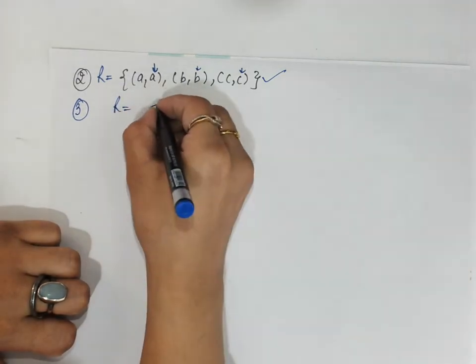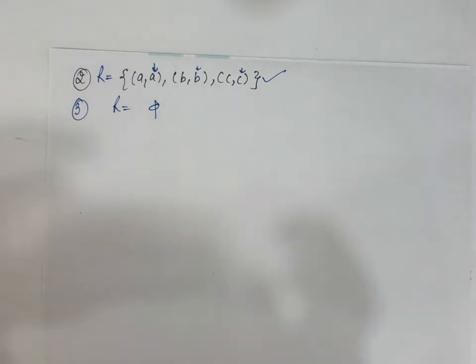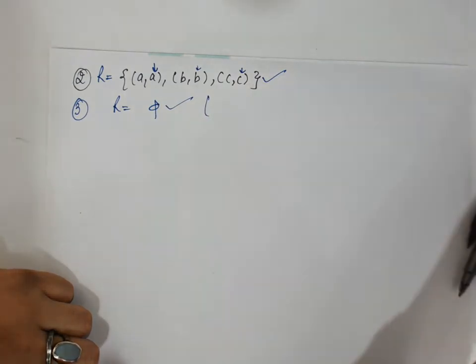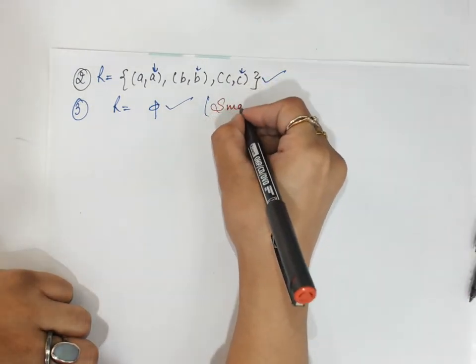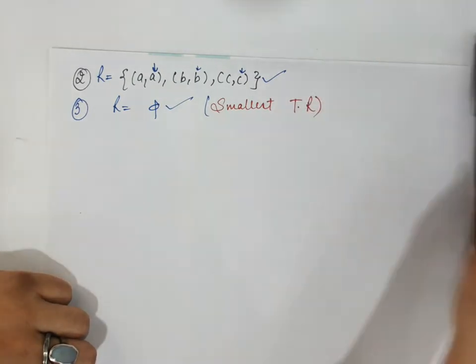R is equal to the empty set. None of the elements is here, so I don't have to check any ordered pair for the relation. Therefore the empty set is the smallest transitive relation possible.